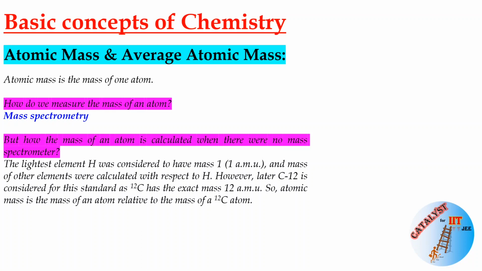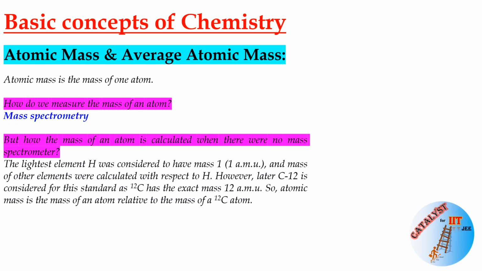At this point we have a very sophisticated instrument called mass spectrometry. Using mass spectrometry, you can calculate very precisely the mass of an atom. But how was the mass of an atom calculated when there was no mass spectrometer? So how do you calculate the mass of an atom?